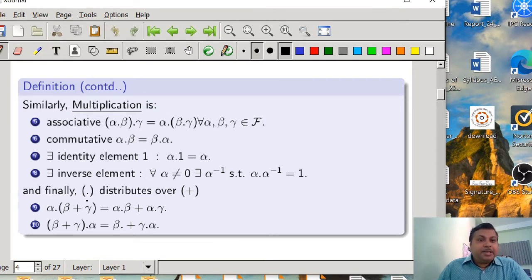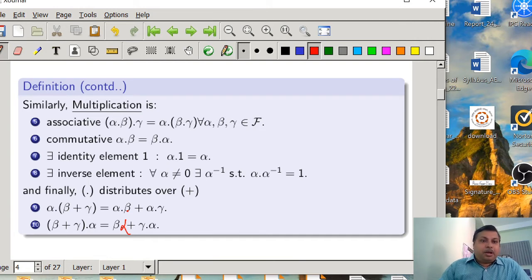And finally, the multiplication distributes over addition, that is alpha into (beta plus gamma) will be alpha into beta plus alpha into gamma, and (beta plus gamma) into alpha will be beta into alpha plus gamma into alpha.